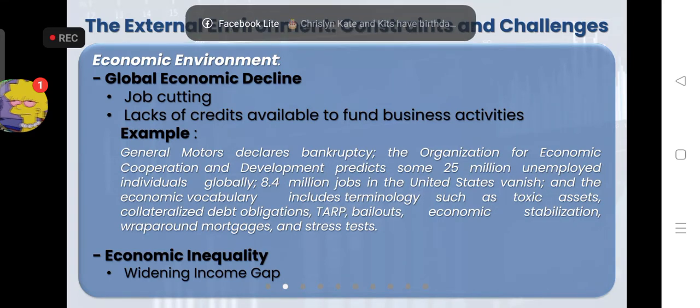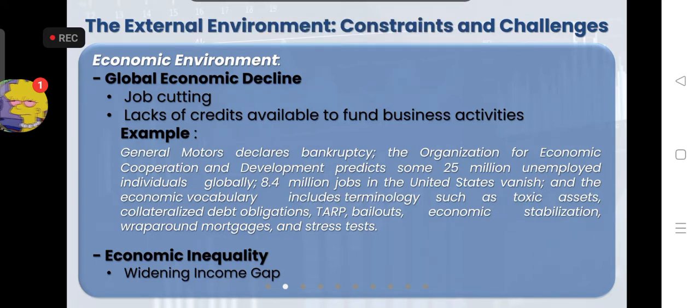So in these situations, General Motors went bankrupt due to the economic condition, and in such a situation, managers will not be blamed. So that is the symbolic view, because the responsibility for what happened is not directly on the managers. So next is economic inequality.